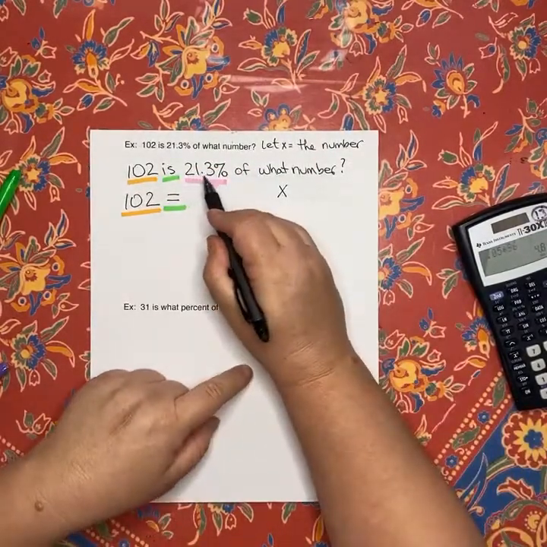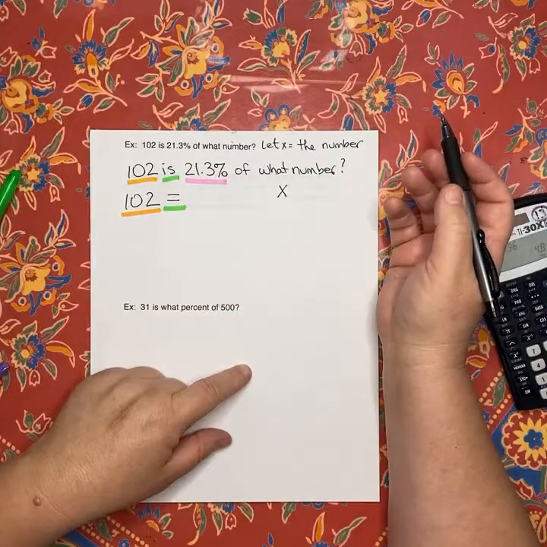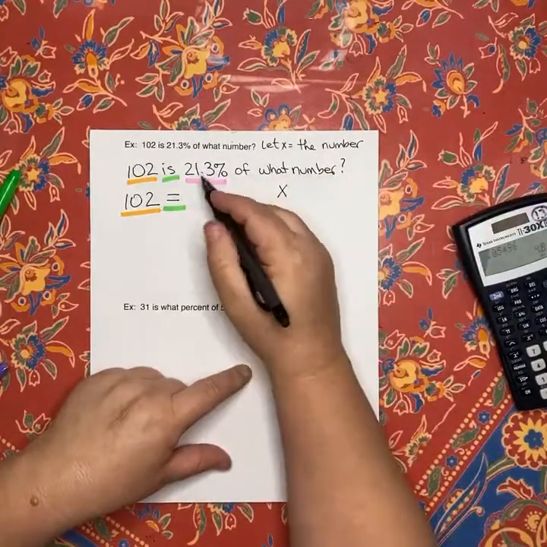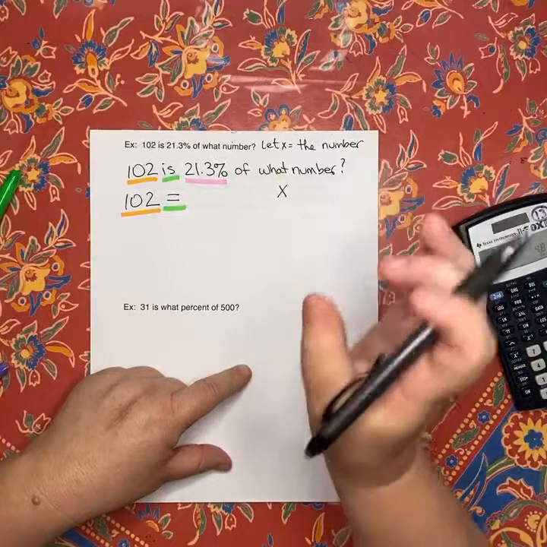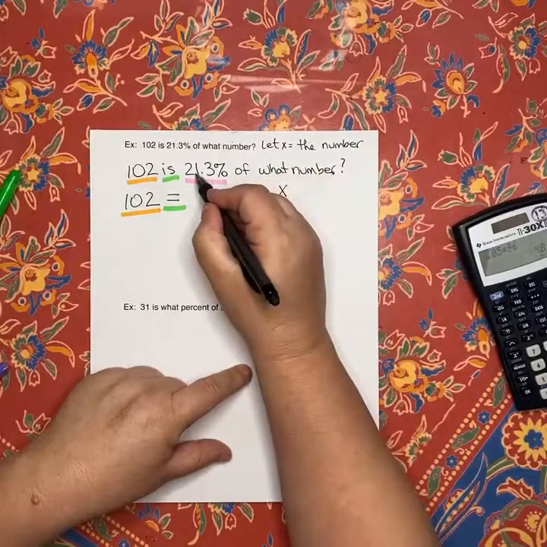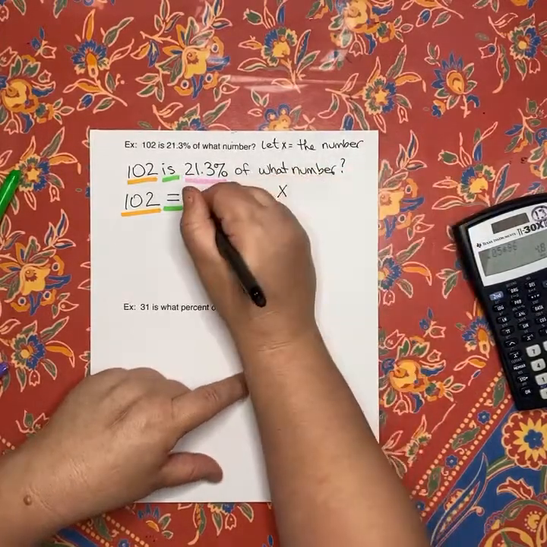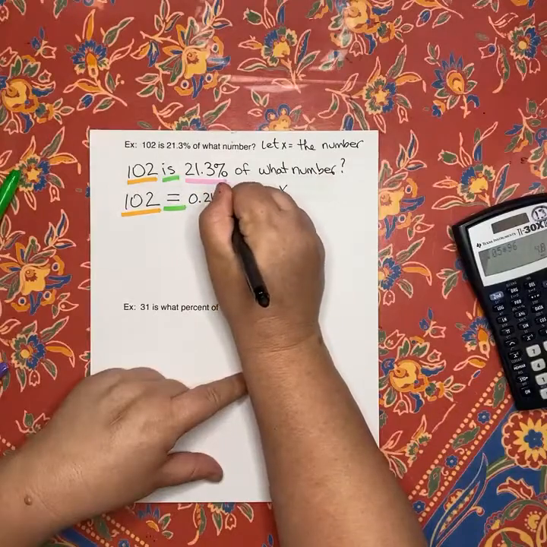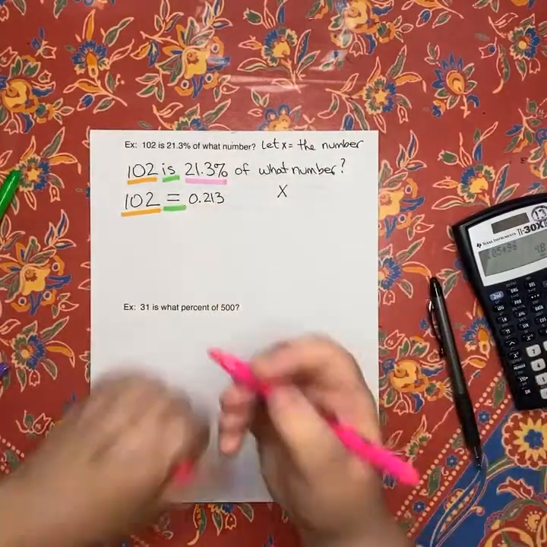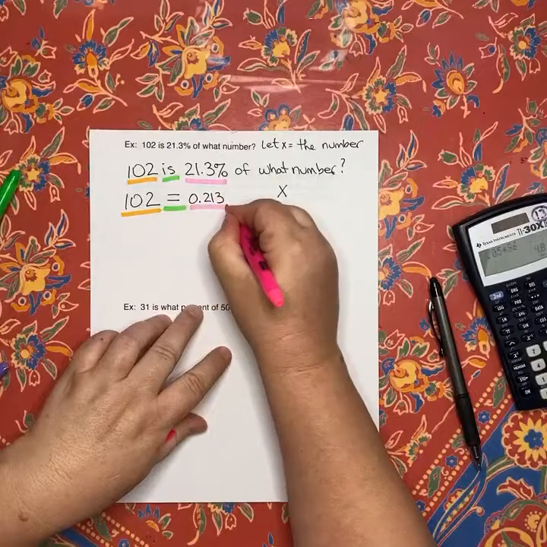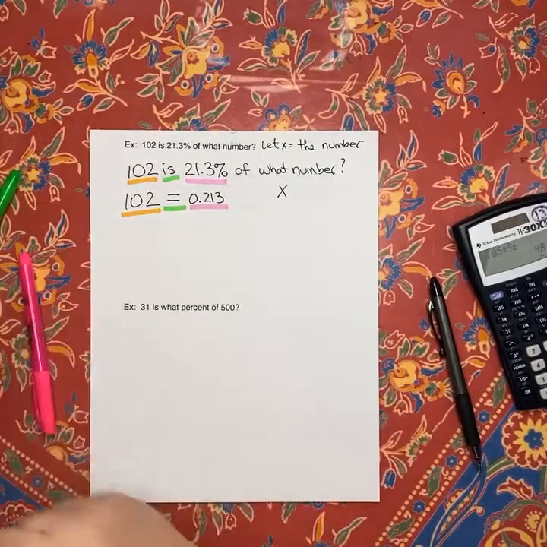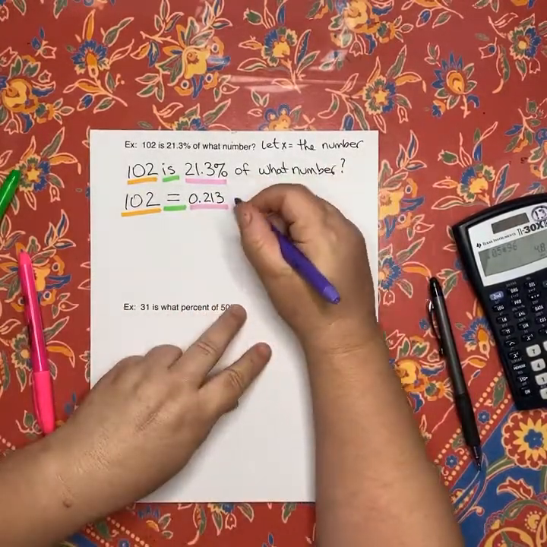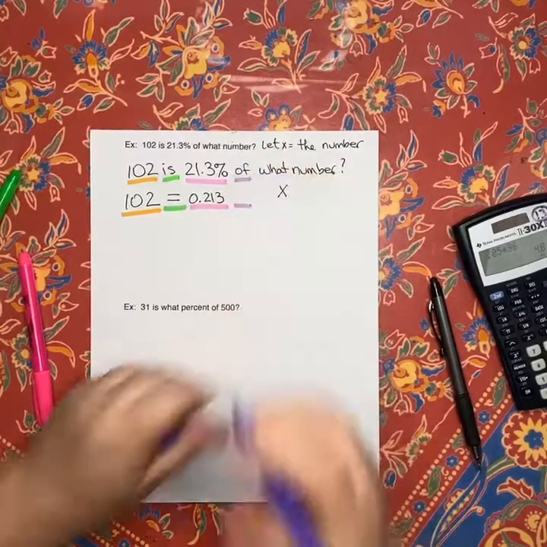So if it's 21.3% or 21.3 cents, we convert this to the decimal, think dollar, by moving the decimal point 2 spots, 0.213. That's our decimal right there. And then, I'm almost there, the word of, what was the word of before?